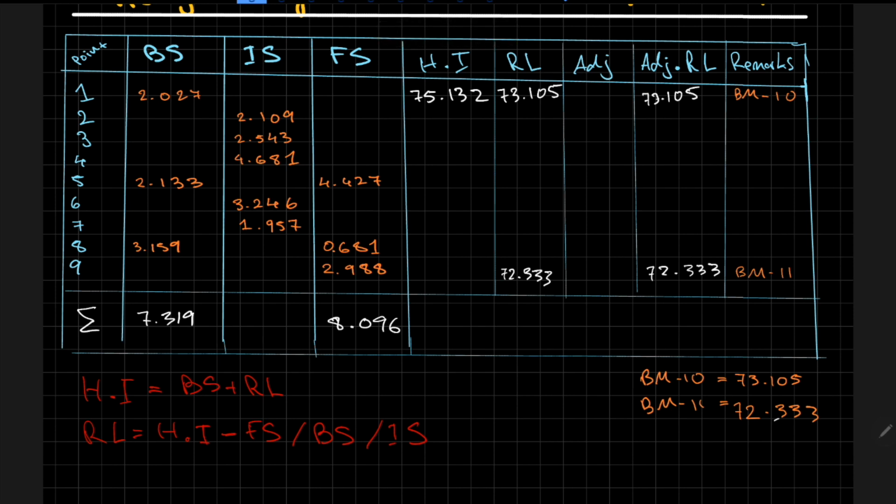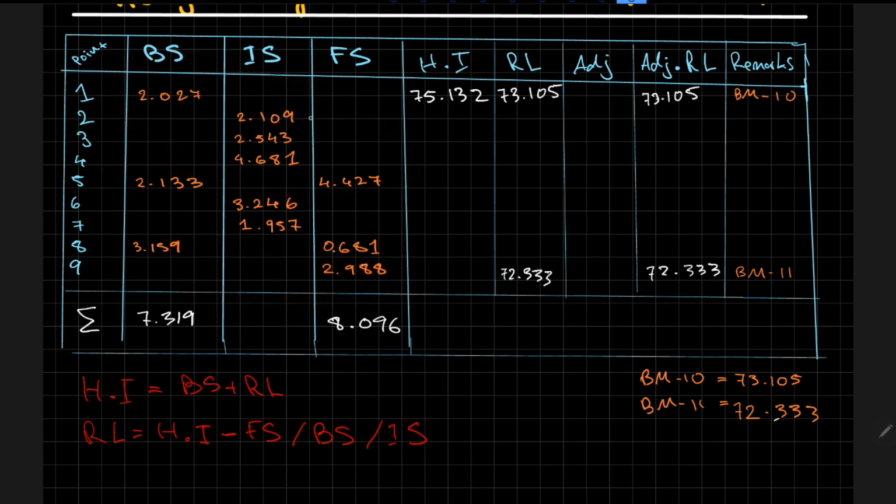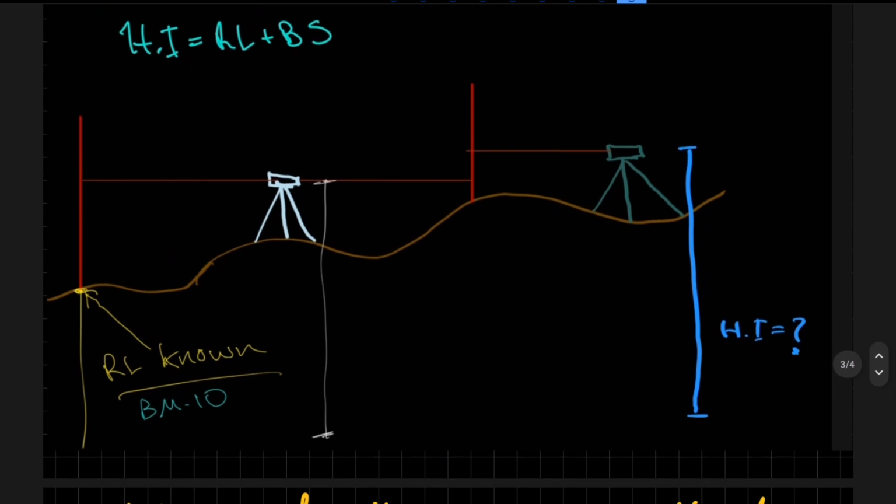Now, there's only one height of instrument per setup, and there's 3 setups. 1, 2, and the last one, 3. This first setup has 1, 2, 3 intermediate points. So for these 3 intermediate points, the height of instrument is going to be the same, because intermediate points do not require a different height. They are the same station. We're just going to look at this example here. So this is station 1.